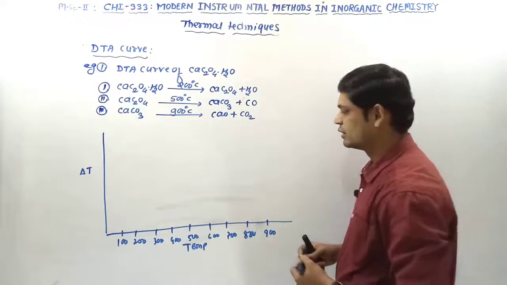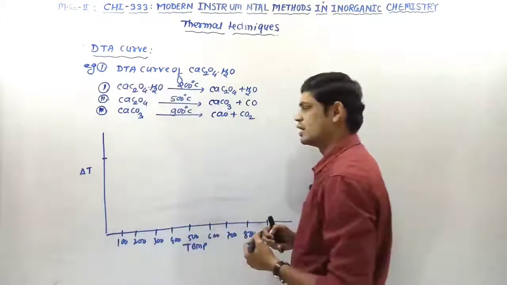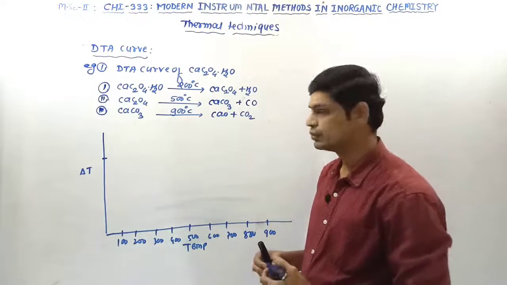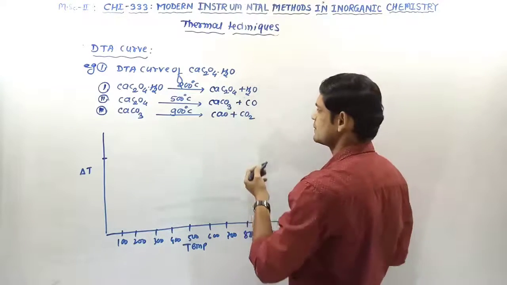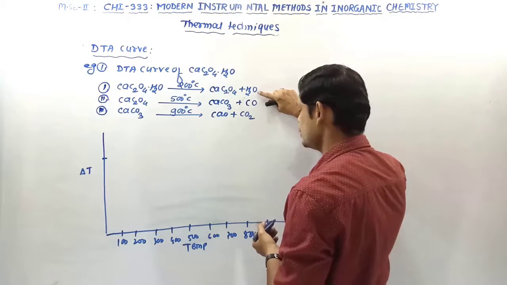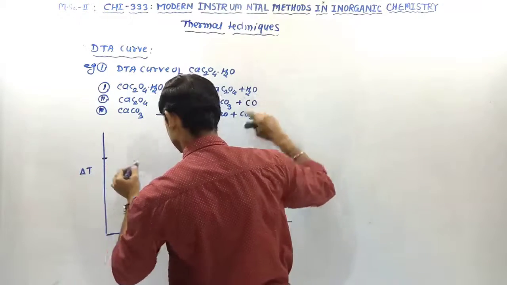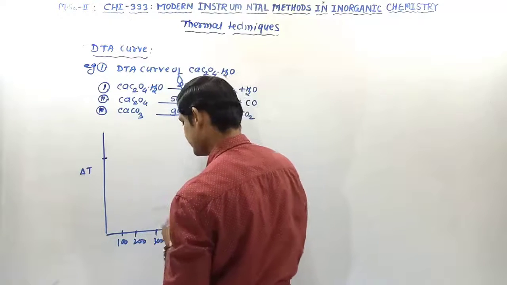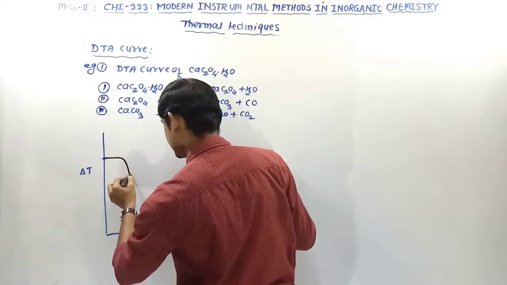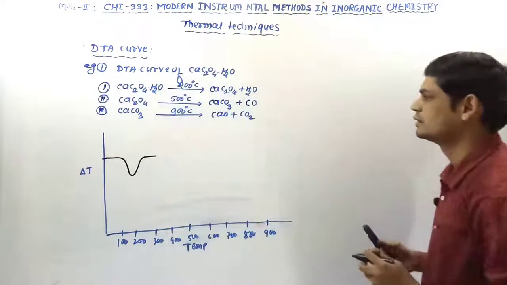Suppose this is the point at which the change in temperature is 0. So in the first case, loss of water is there, dehydration is there, an endothermic process around 200. So initially it becomes constant, and around 200 it gives us such a type of peak, and then again constant.